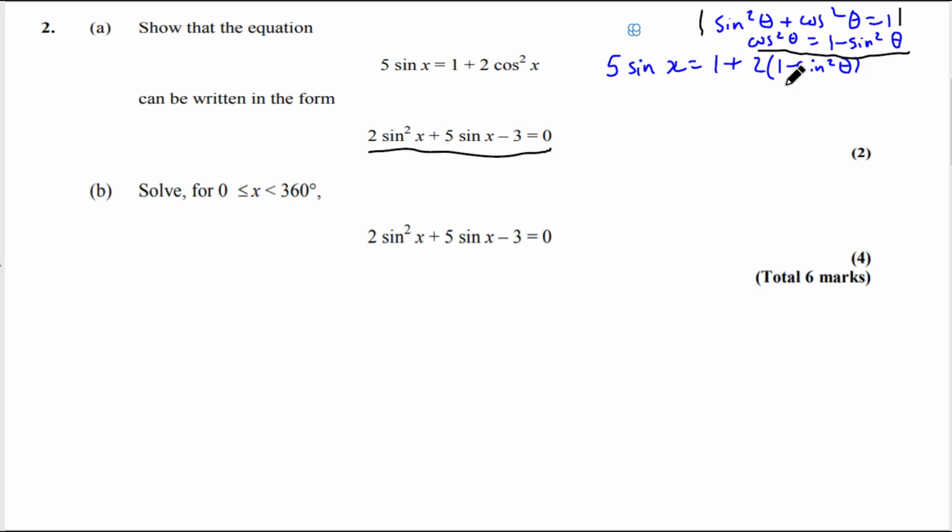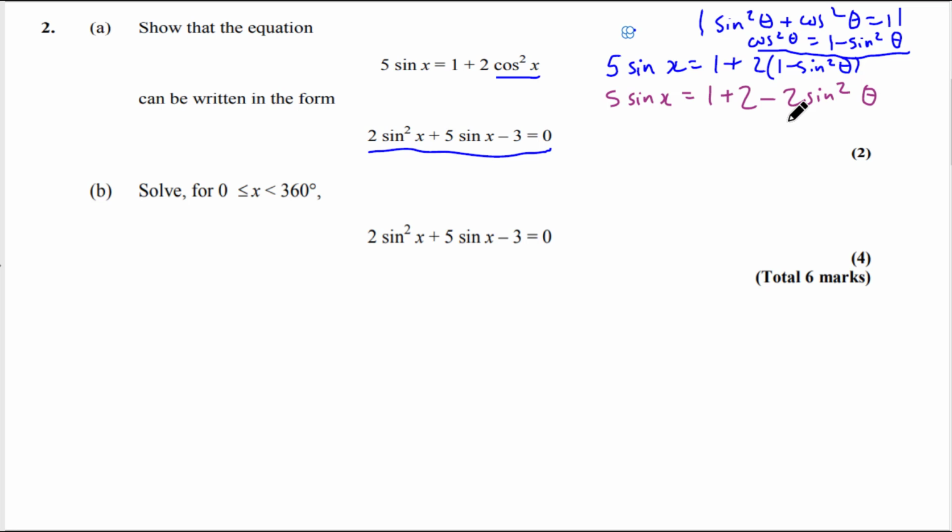So if I replace the cos squared theta here with 1 minus sine squared theta, we'll get this equation. Now we need to rearrange that, and we start off by expanding out these brackets, and it's 2 times a minus sign, so that will be 2 minus 2 sine squared theta.